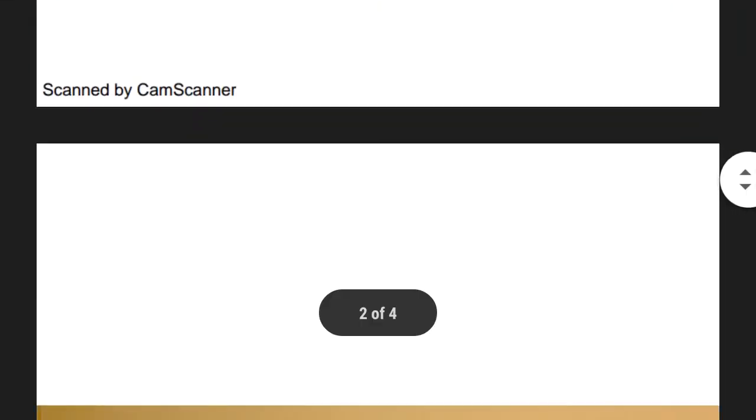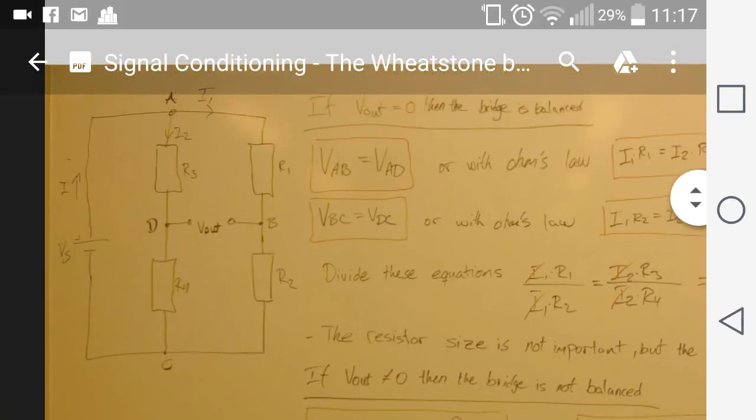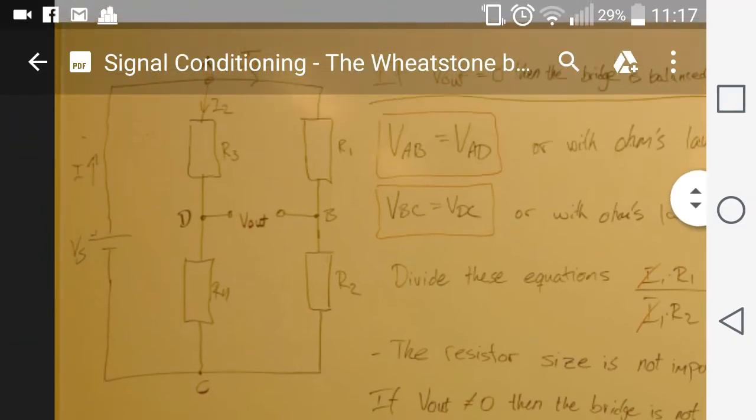Now, the Wheatstone bridge, it's a fun thing. In a Wheatstone bridge we have four resistors where there are two and two in series and in parallel with the source voltage.